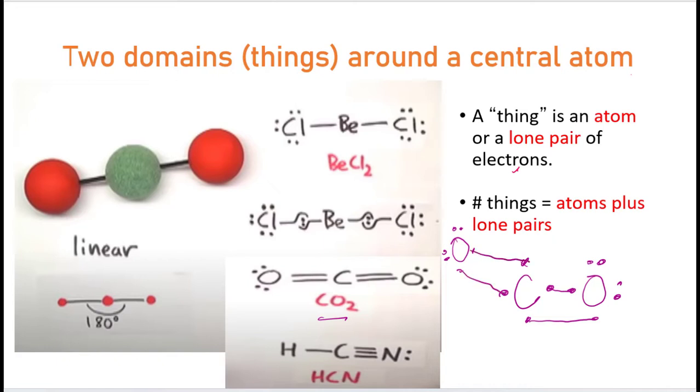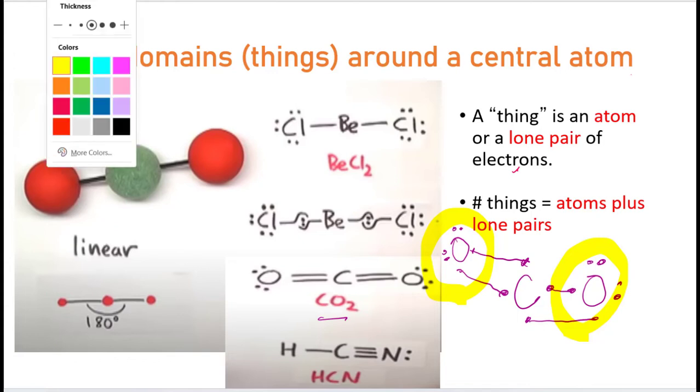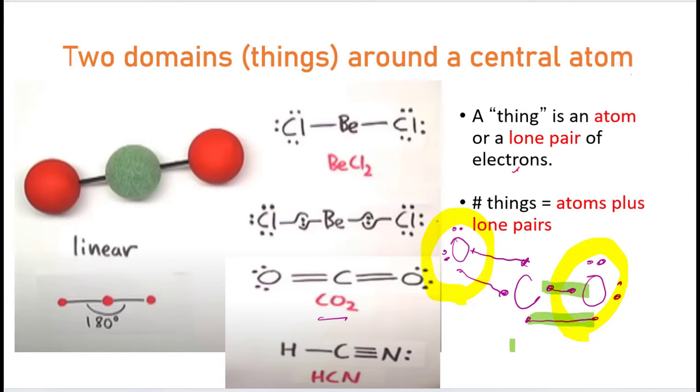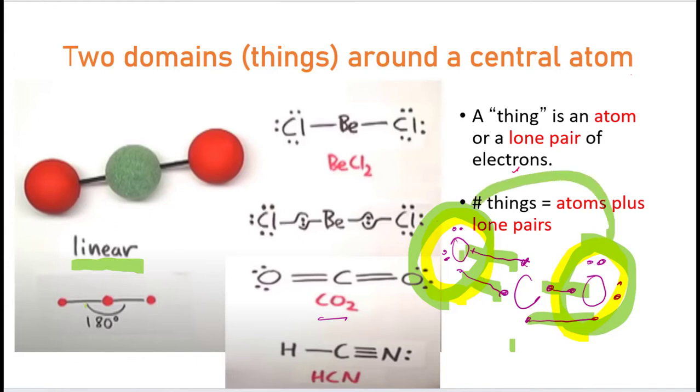We'll have a bond there and we'll have a bond there. Now, yes, it looks sloppy, but we can still see how many things are around this central carbon. 1 thing, 2 things. And we can see that there is a double bond there and a double bond there. And because of there being the steric number of 2, 1, 2 things, it's going to be a linear compound, with a 180-degree angle from this oxygen to the other oxygen.